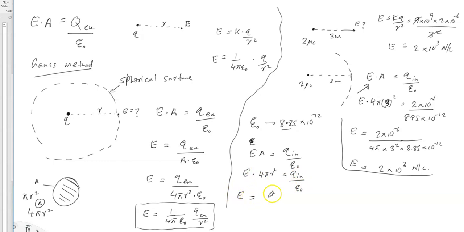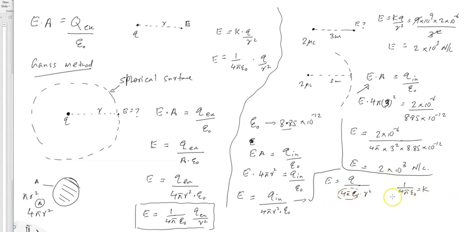E equals Q inside over 4 pi r squared epsilon naught. Move the terms a little bit. So E equals Q inside over, bringing this epsilon to the front, 4 pi epsilon naught r squared, like we had before. This part, 1 over 4 pi epsilon naught, is just K.